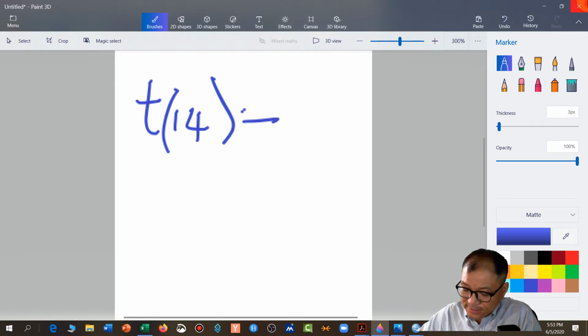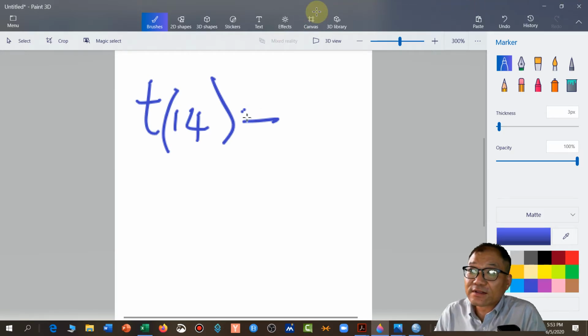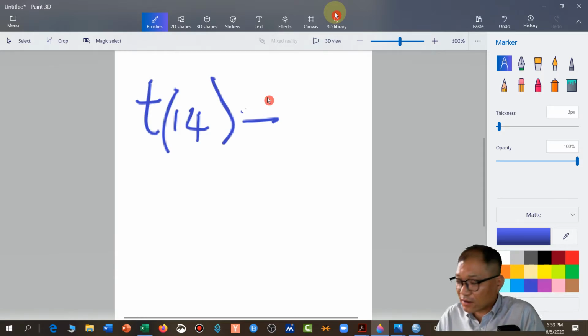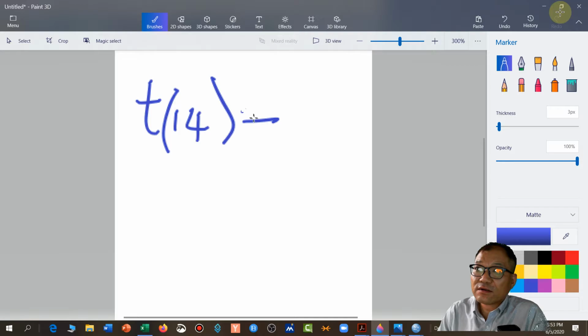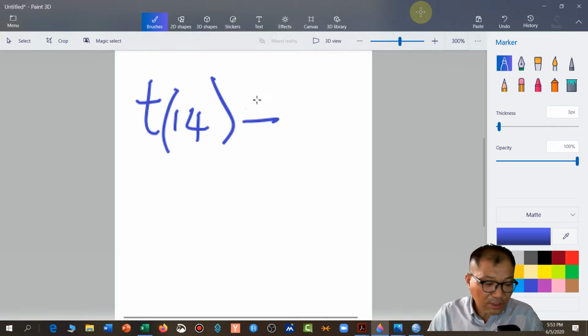Oops. Right here, and let me put it here. A little bit big. 14.